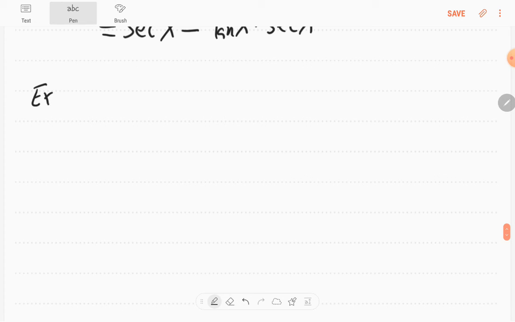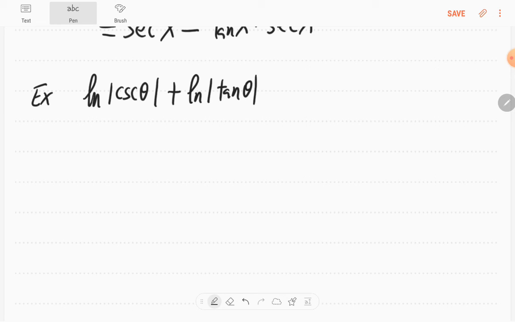Another one, we have the natural log of the absolute value of cosecant theta plus natural log of the absolute value of tangent theta. Why do we have the absolute value? The reason is we need to make sure this part is positive, right? This is the domain for the logarithmic function.